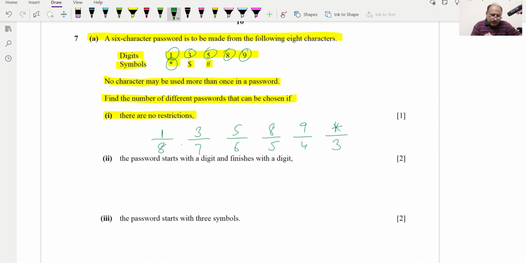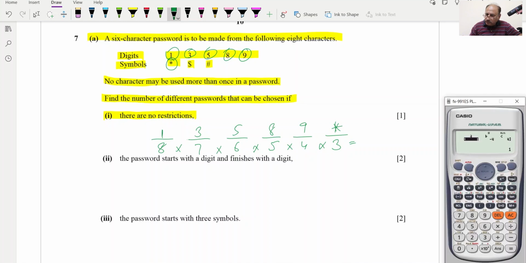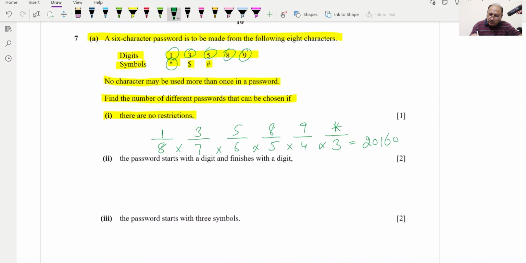So if we multiply these options, 8 multiplied by 7 multiplied by 6 multiplied by 5 multiplied by 4 multiplied by 3, this will give us 20160. So this will be the answer for this one, since there are no restrictions.